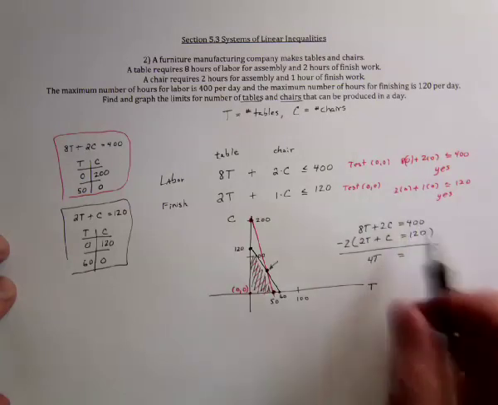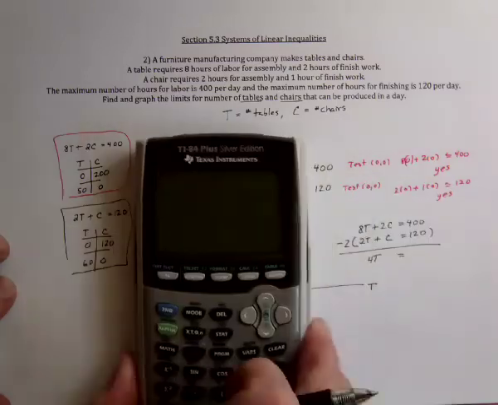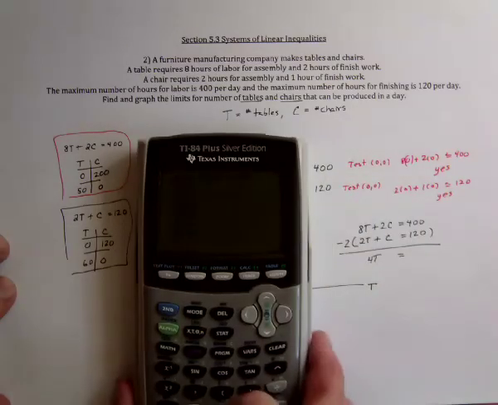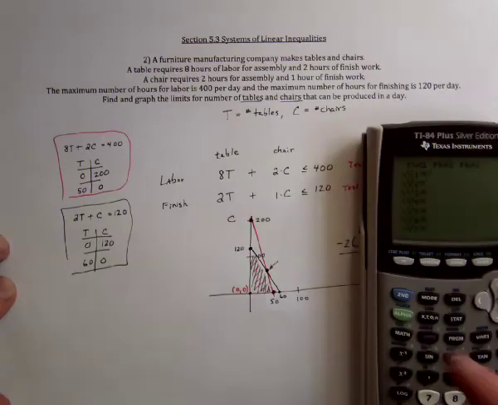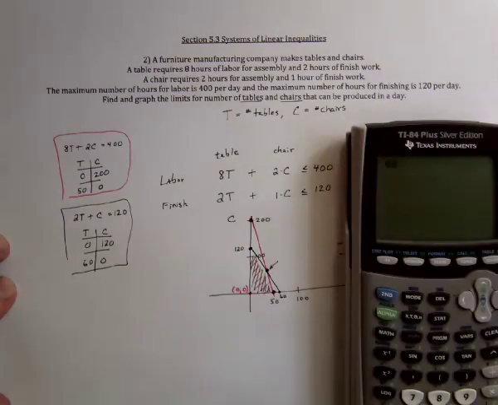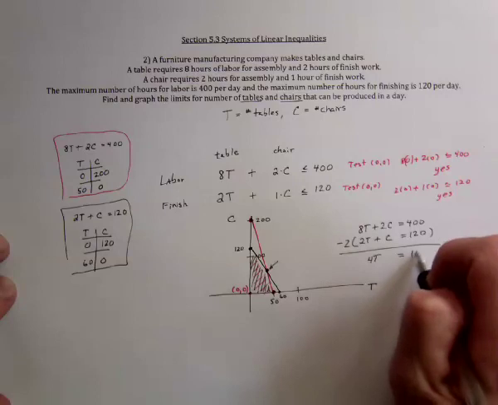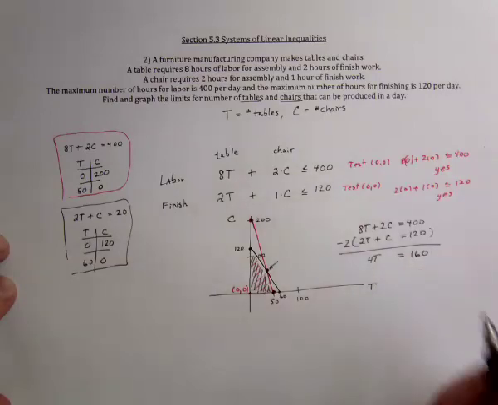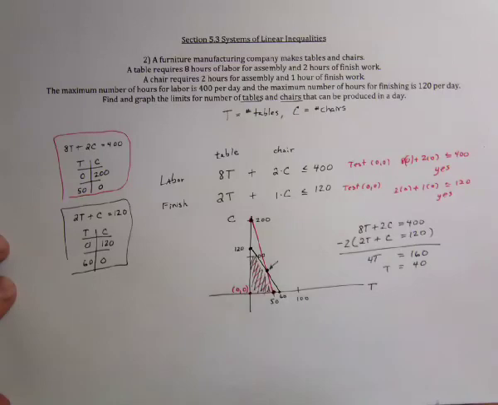So we've got 400 minus 240, which is 160. And then divide both sides, and t is equal to 40.